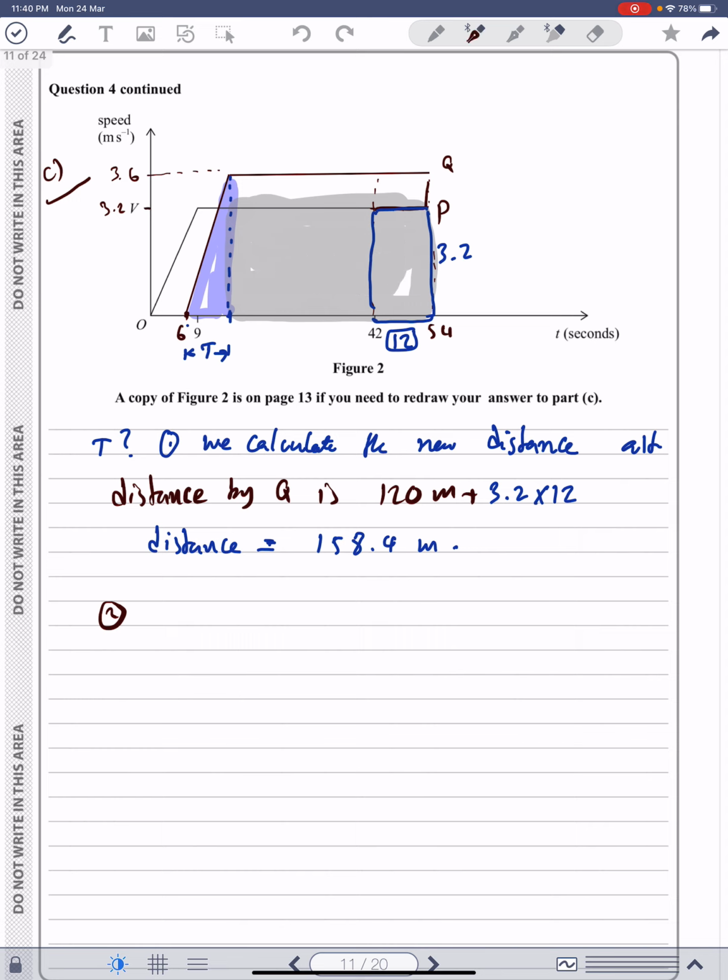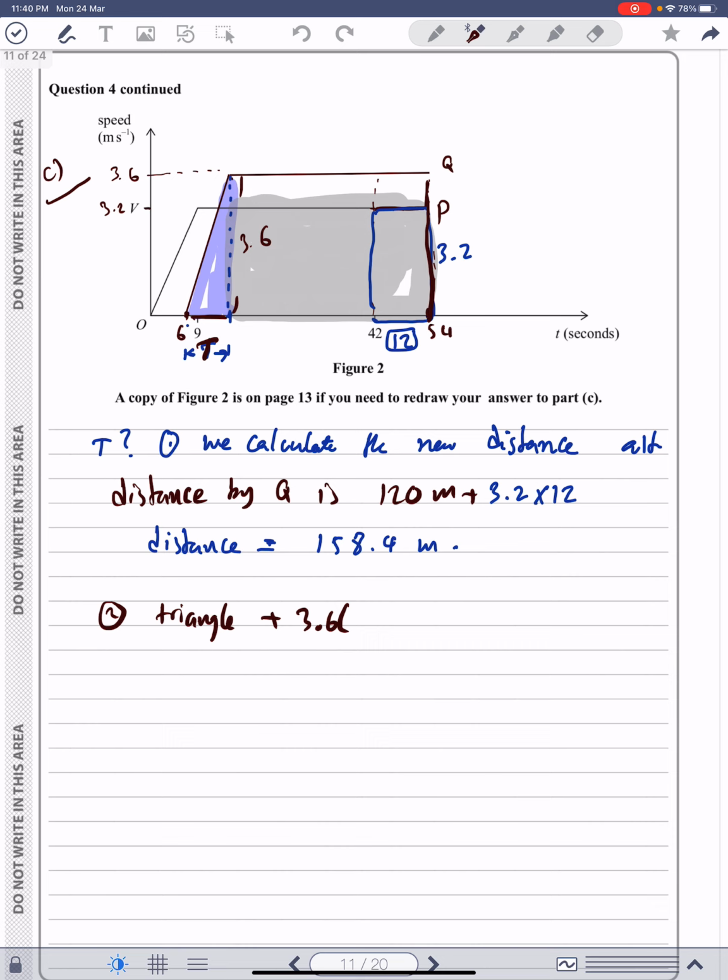What you'll be getting here, dear students, from here to here is 3.6, and the base here is T. So the first triangle area plus the rectangle, the same height, 3.6, times the width, which is what, dear lovely students?